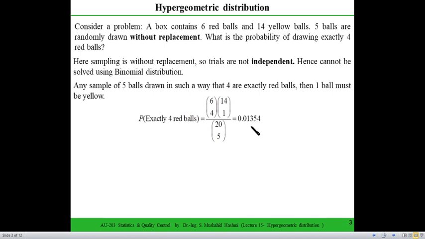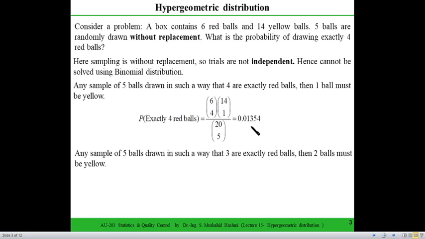Okay, let's change the scenario. You are picking 5 balls this time also, but now you are interested in exactly 3 red balls. If you are picking 5 balls and 3 are red, then 2 must be yellow balls.